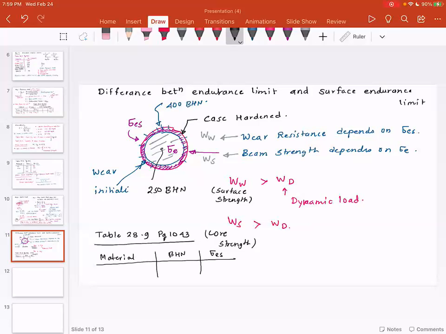Now, there is an interesting question at this point: what if I use sigma ES equal to sigma E? What if I use this approximation?